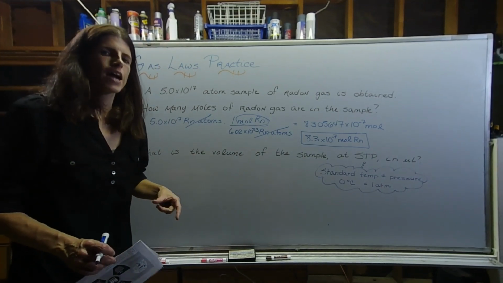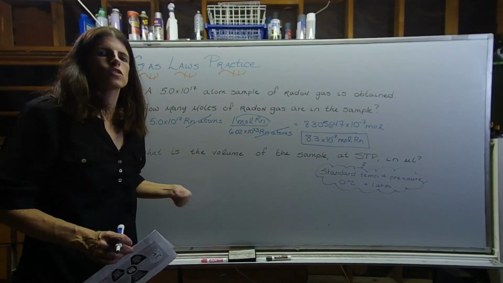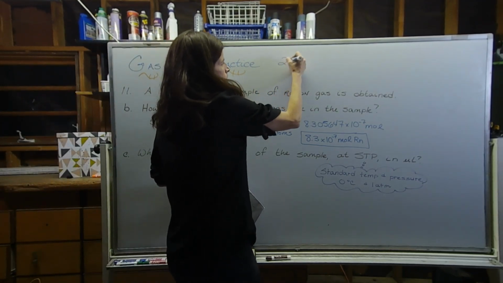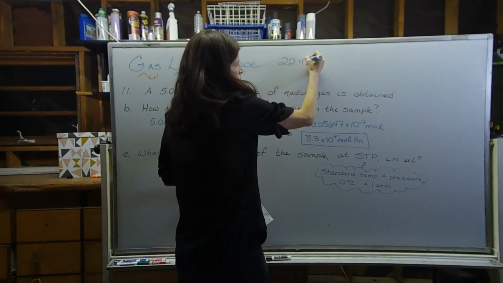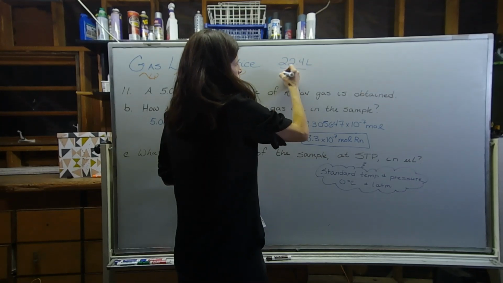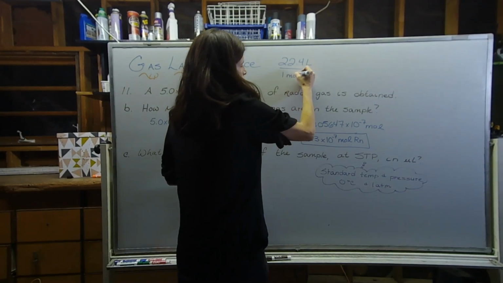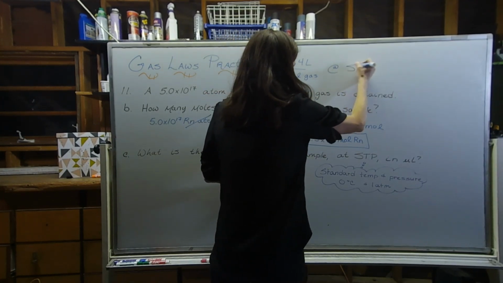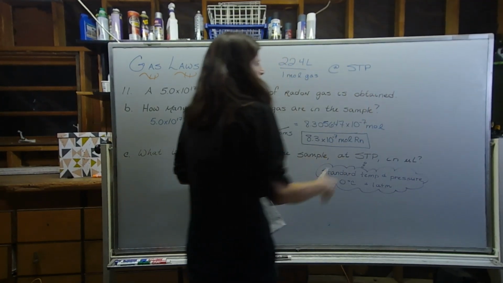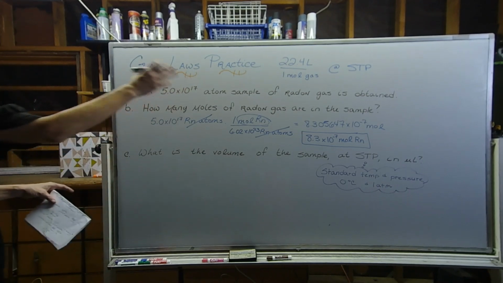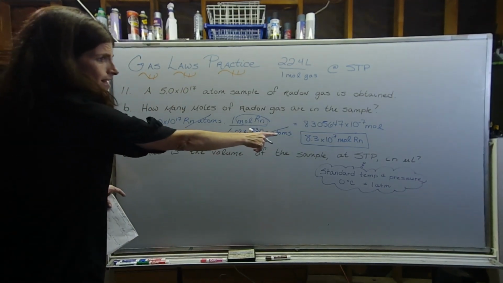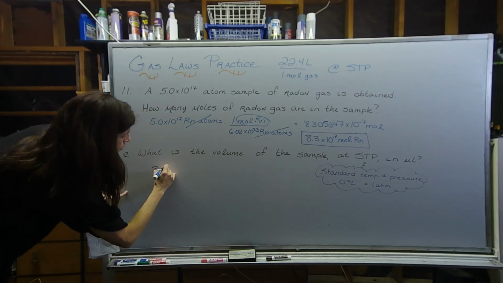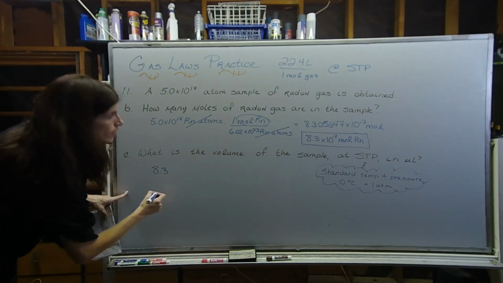That conversion factor that we talked about the other day, the 22.4 liters per 1 mole of gas, has the restriction that you're at STP. And so that's why this problem brings it up. So again, we're going to use that, and then we'll be able to go to liters and microliters.